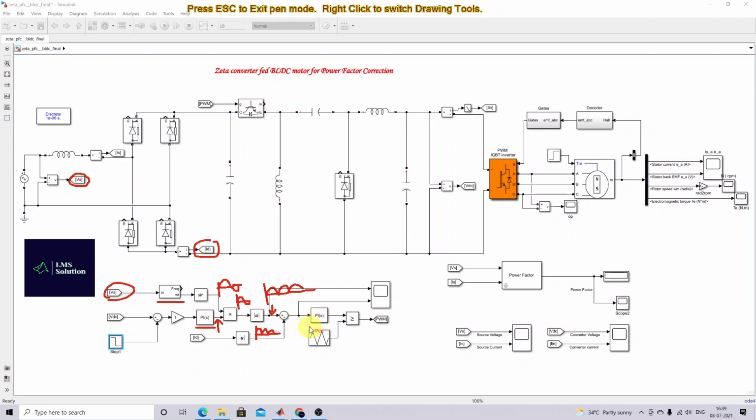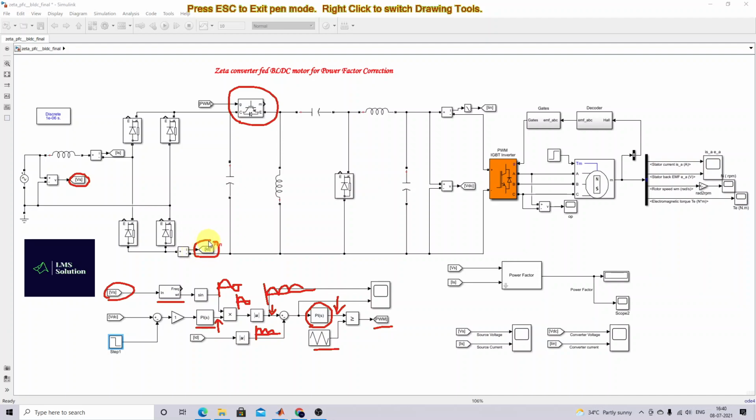Then it is processed by a PI controller, which generates the duty cycle. That duty cycle is compared with a triangular wave, which generates the pulse for the IGBT of the theta converter. This pulse alters the nature of the diode rectifier current.